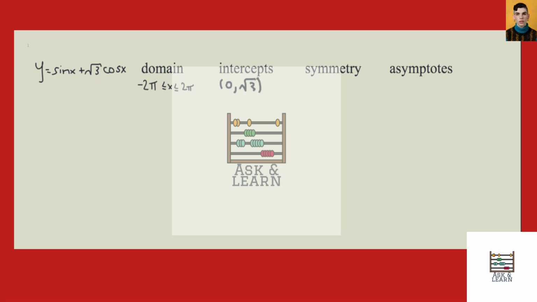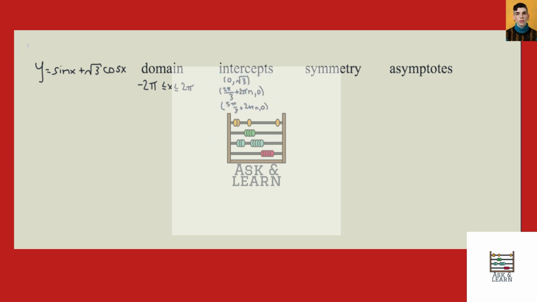And if we set y equal to 0 and solve, we have an intercept at every 2 pi over 3 plus 2 pi n, where n is an integer, 0, and 5 pi over 3 plus 2 pi n, 0. Alright, let's make it a little smaller so we can fit everything.